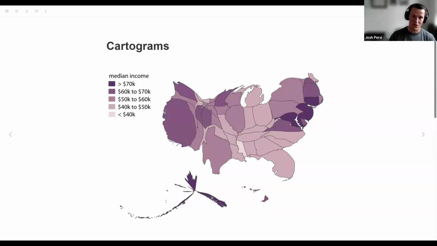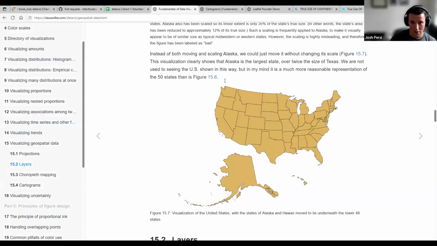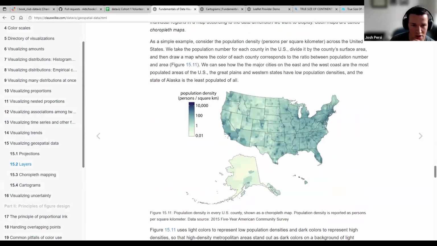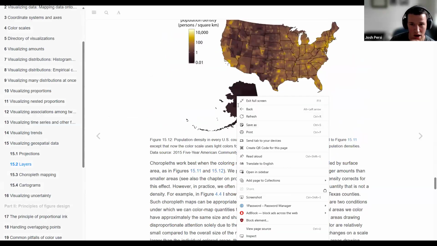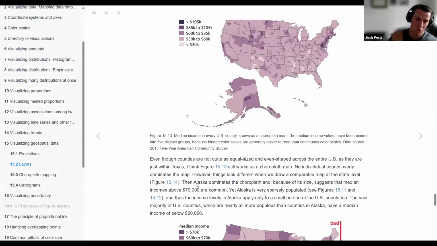So you can do this basically in an attempt to, I believe, match area. Is that right? I don't think that's actually right. Why do you use cartograms? Let me go back and check. Oh, so he's using it to scale for another variable, I think, modified to proportional number of inhabitants.